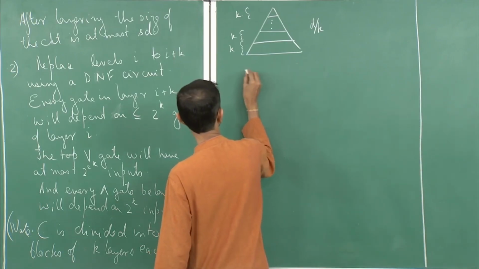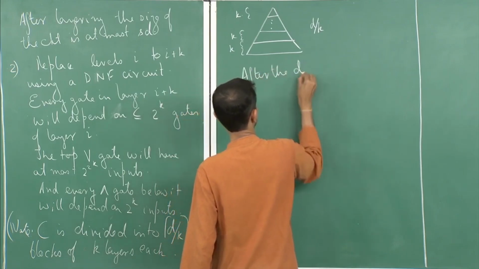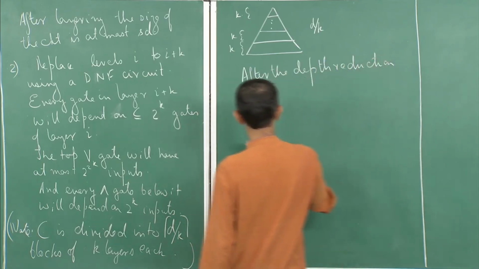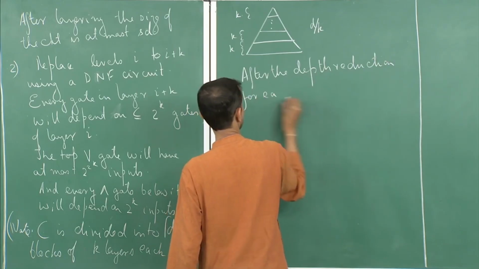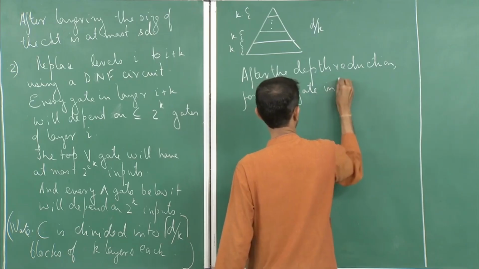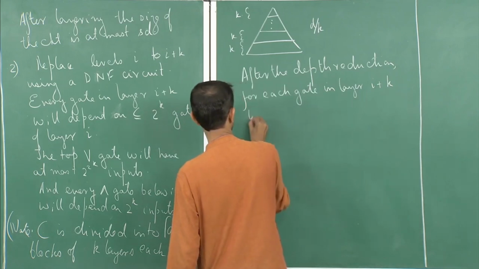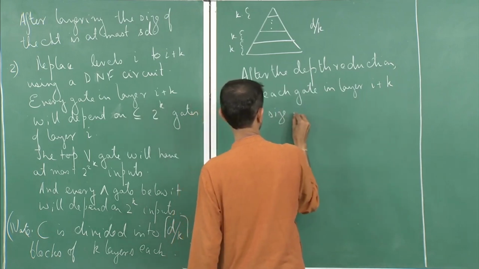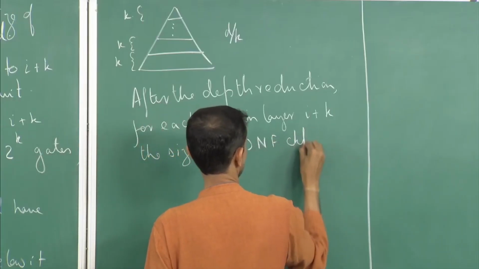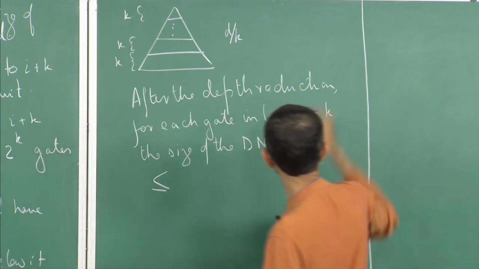So, after the depth reduction for each gate in layer I plus K, the size of the DNF circuit is at most... So, what does the size of the DNF circuit look like?